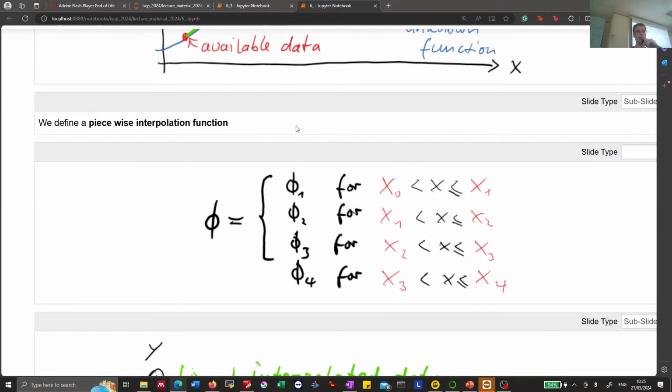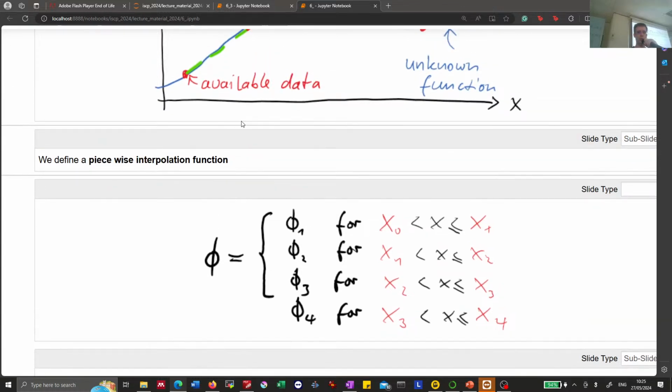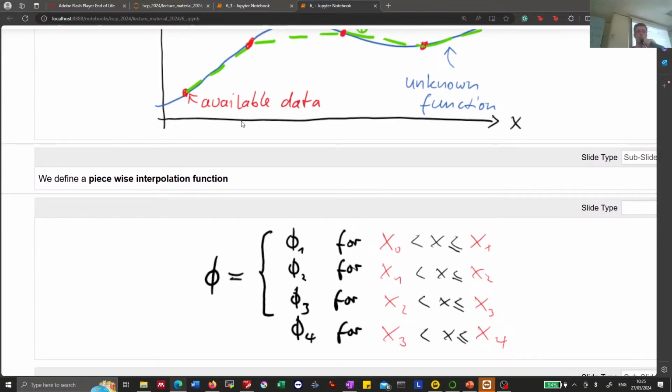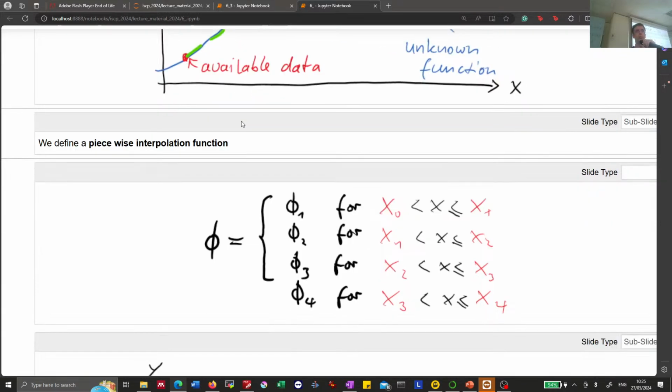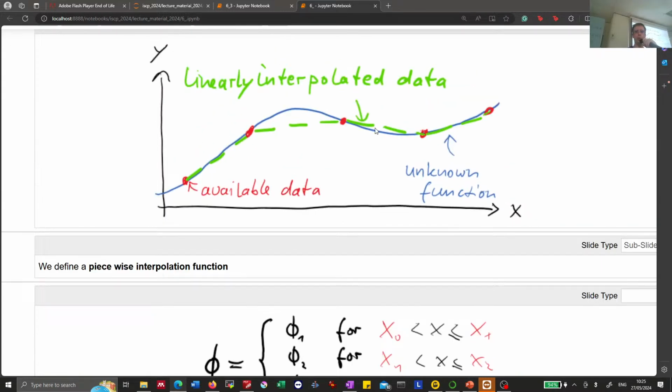Right, also note that we have a piecewise interpolation function, or interpolated function, depending on where you are with your nouns and grammar and adjectives, right? Okay, participles, I guess. So here we have 1, 2, 3, 4 segments.